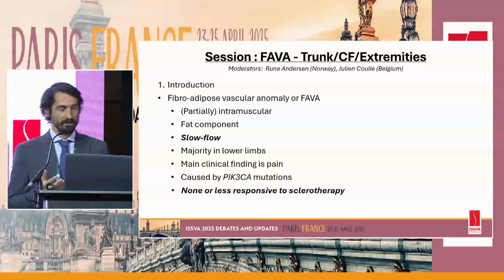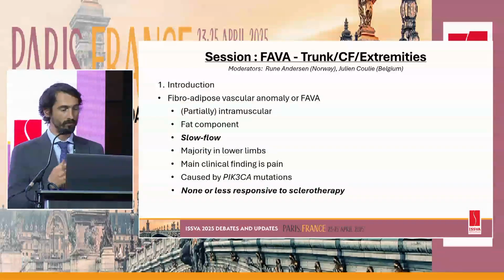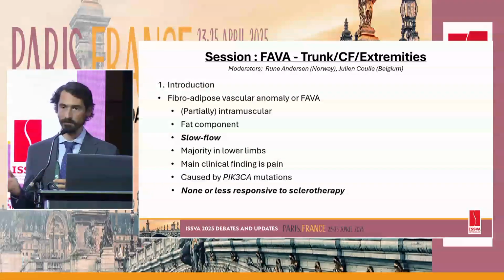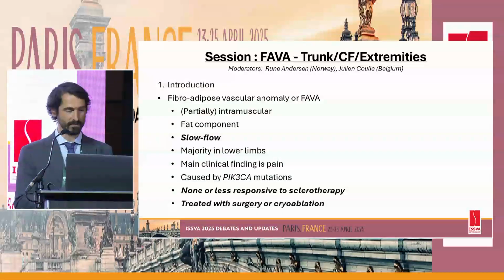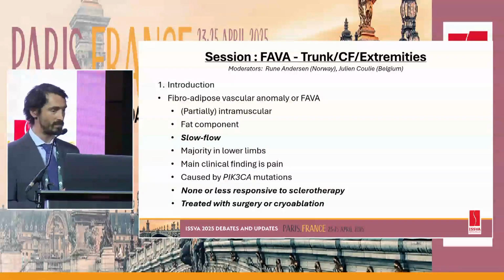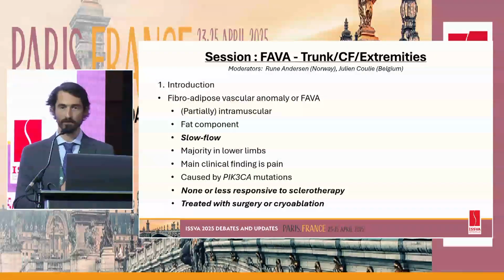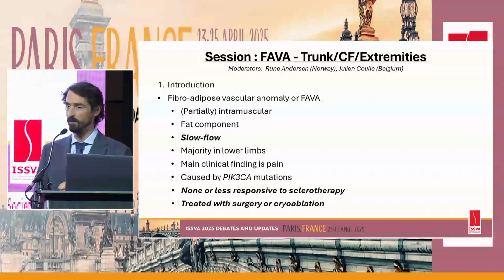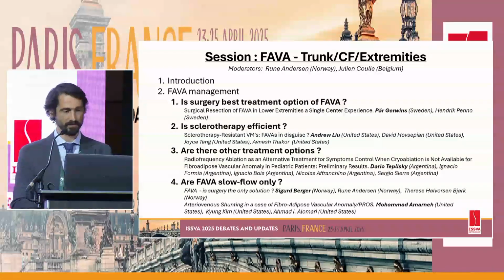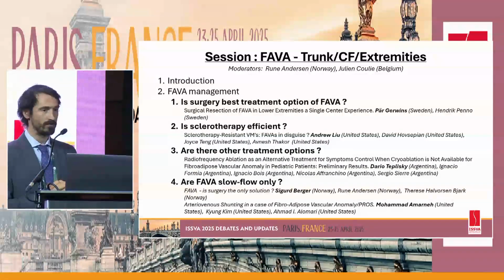They seem not to respond, or at least respond less, to sclerotherapy, but again we'll come back to it during those presentations. And lastly, that those lesions should be treated with either surgery or cryoablation, but again we'll come back to that during this session.